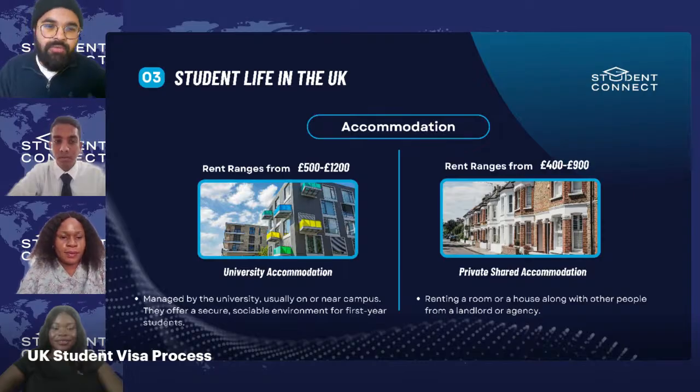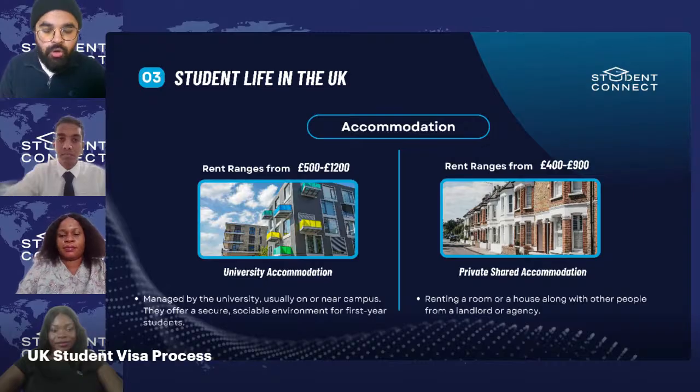Although from our side we cannot help you with this, we definitely ask our students, if you're going for private shared accommodation, to make sure you go through a verified agency. Always look for websites like Zoopla, SpareRoom, this kind of website where there are verified people who, like you, want to rent shared accommodation.